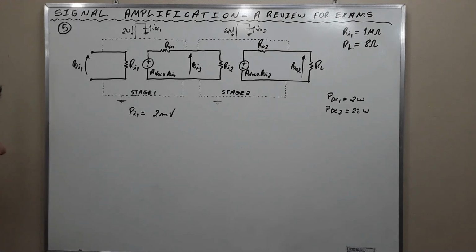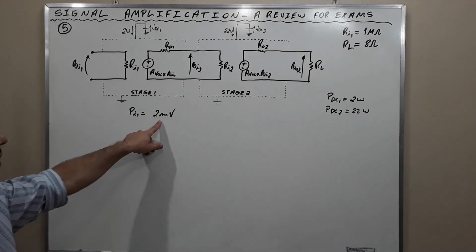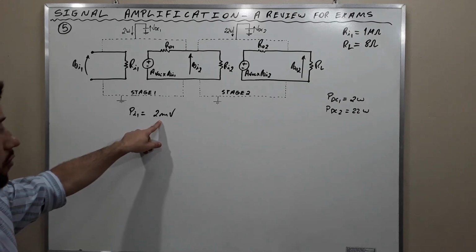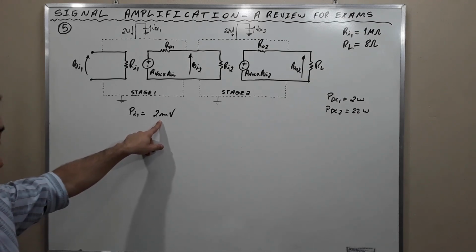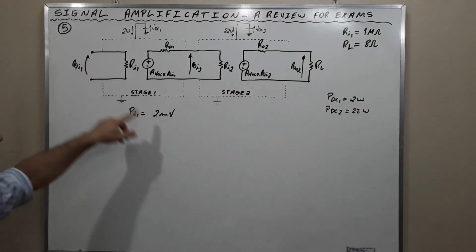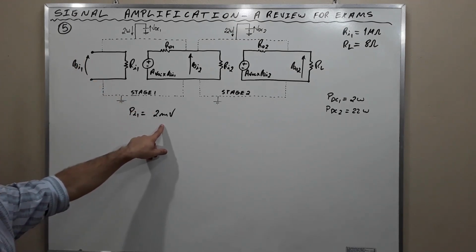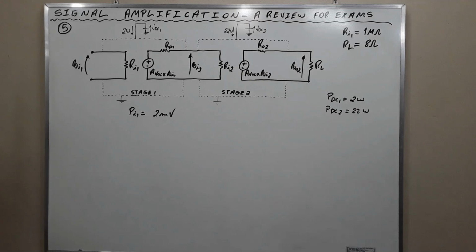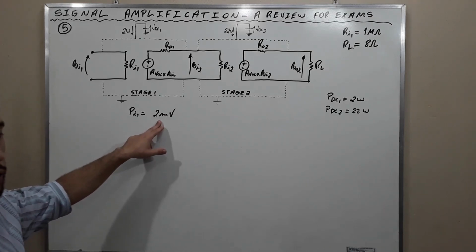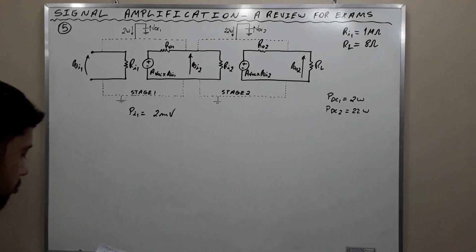We don't have to divide it by the square root of 2 as we did in the previous exercise, because exercise 5 already stated that this value is RMS, okay? It is not peak. So, as it is already RMS, we don't have to divide it by the square root of 2.